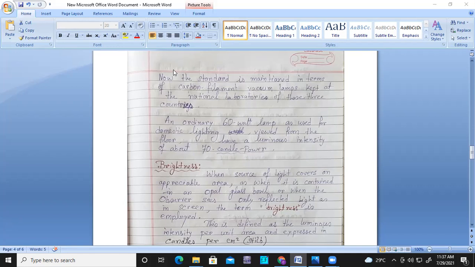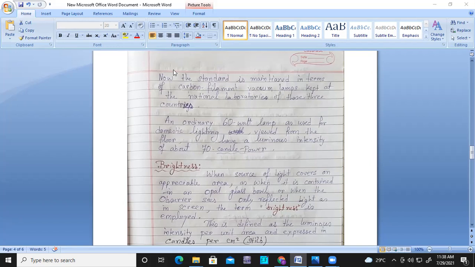When a source of light covers an appreciable area, as when it is contained in an opal glass bowl, or when the observer sees only reflected light as in a screen, the term brightness is employed. This is defined as luminous intensity per unit area. Okay, and it is expressed in candle per cm square, or it may be called stilb.